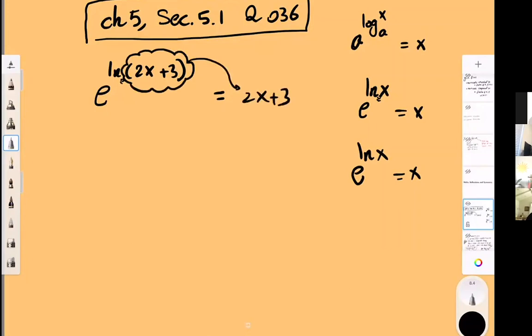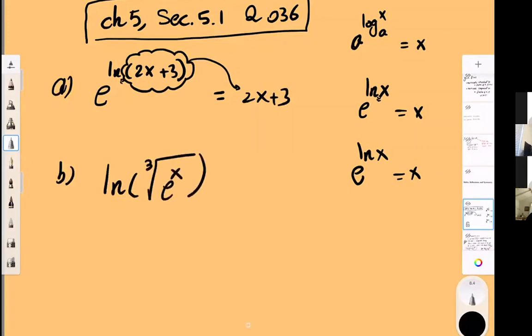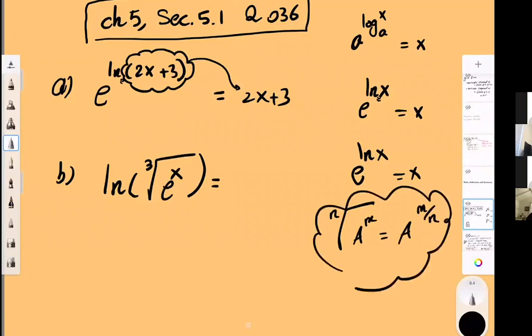Part B, ln of the cube root of e to the power of x. If you have the radical of a to the power m with index n, this is a to the power m over n. So I'm going to apply this property. This is ln of e to the power x over 3.